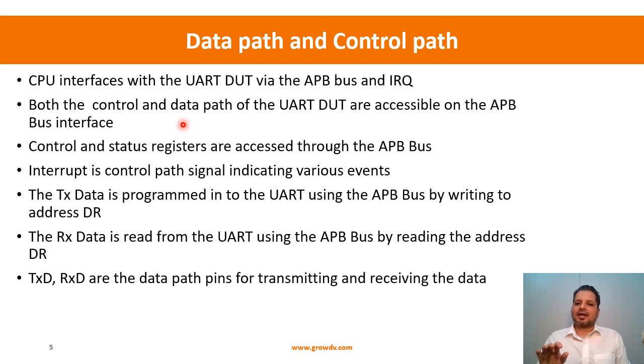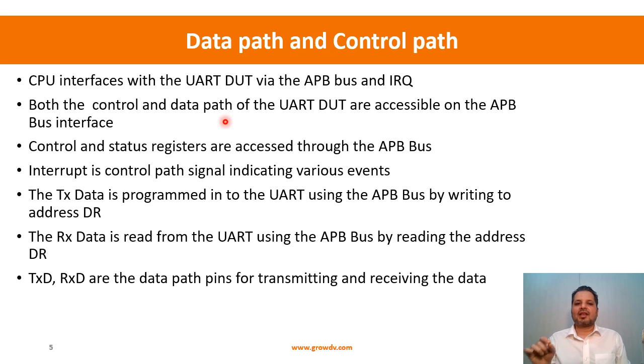I'm just giving you one example of a status and a control register which are accessed through the APB, and I'm telling you that even for data transmission, you write to TX, which is a register sitting on the APB bus. You will see the address of that particular register, and even when you are receiving from your RX, that also is a register sitting on the APB bus with a specific address.